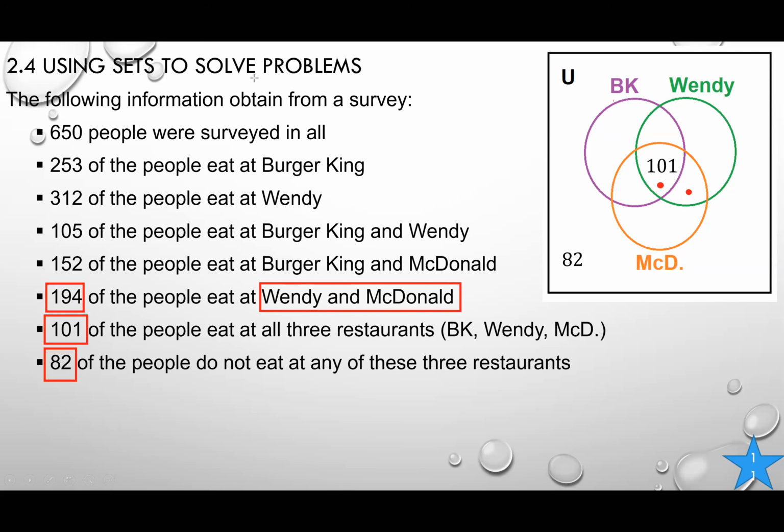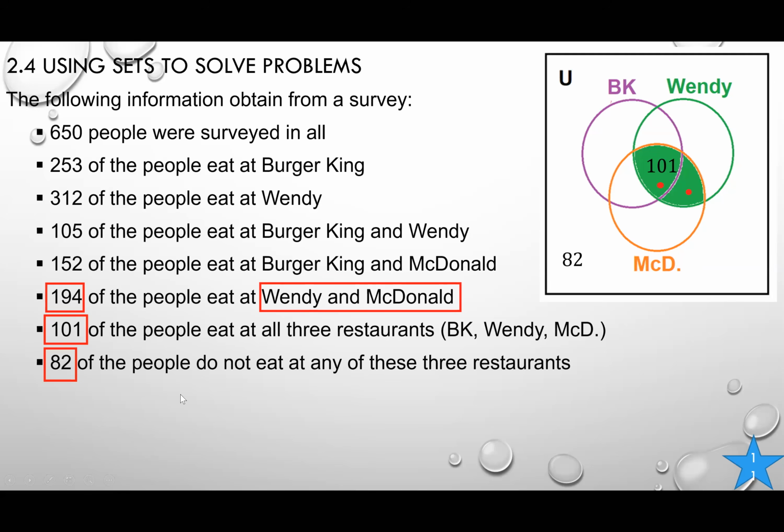And if I look at this here, they tell me 194. If you remember last time, I told you that the total capacity of this green region that I just shaded is equal to 194, but you already accounted for 101. What does that mean?